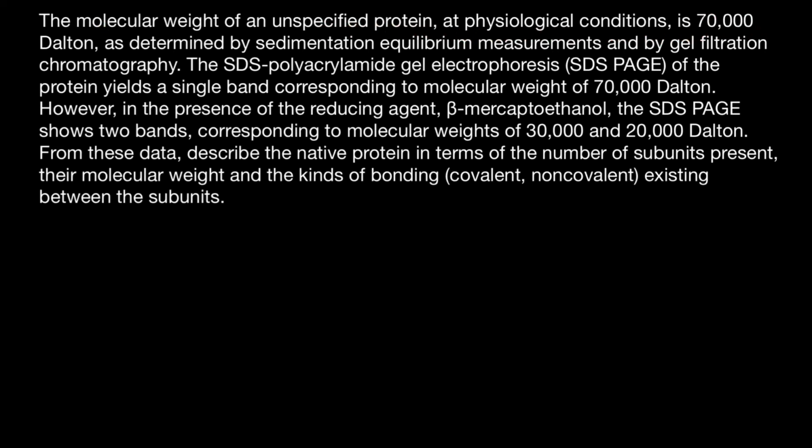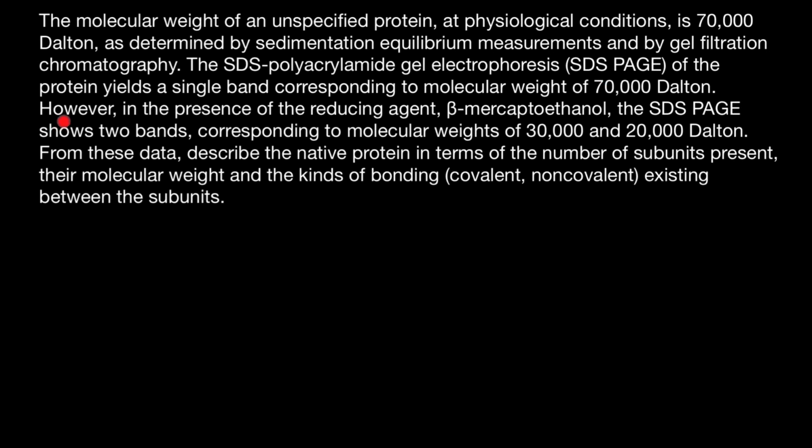Today's problem: the molecular weight of an unspecified protein under physiological conditions is 70,000 Dalton as determined by sedimentation equilibrium measurements and by gel filtration chromatography. The SDS polyacrylamide-gel electrophoresis of the protein yields a single band corresponding to a molecular weight of 70,000 Dalton.